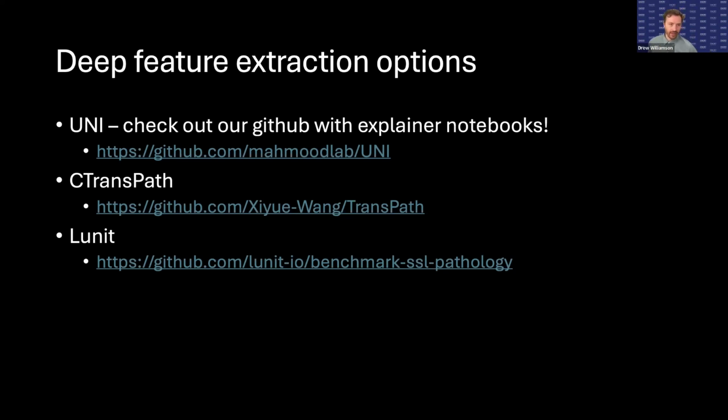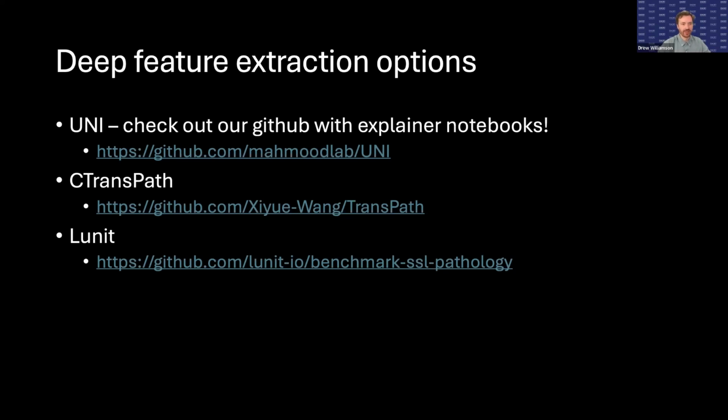I would say CTransPath is probably the most popular option for foundation models, or models that have been pre-trained on histology images to do this feature extraction. And those features that CTransPath extracts, though not quite as good as the UNI features, are still really good and good for many, many different tasks.